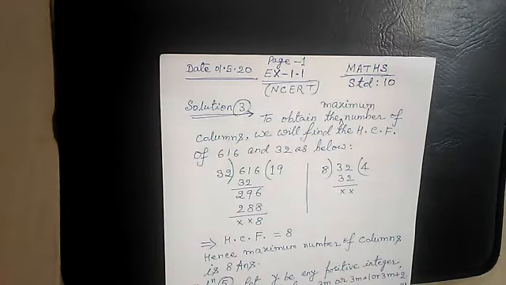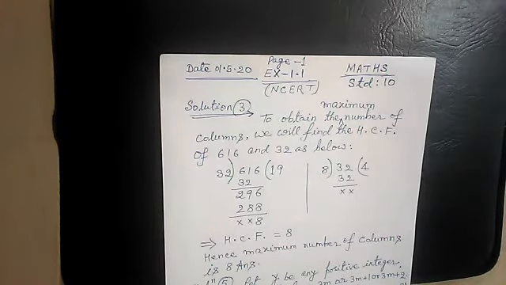See here, the total number of members of the army contingent is 616, and they have to march behind an army band of 32 members.